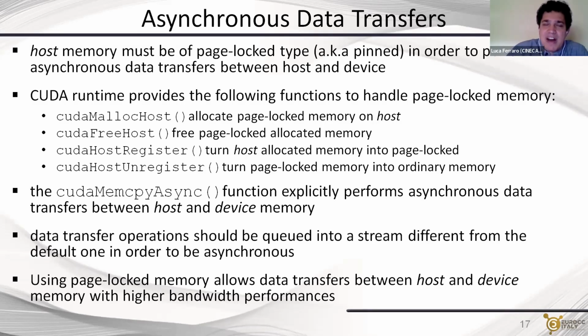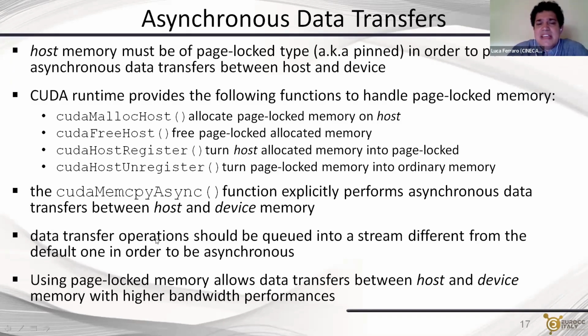The CUDA API also provides the CUDA memcopy async API. This function explicitly performs asynchronous data transfer between host and device memory. And you can also specify which stream to use for this data transfer.